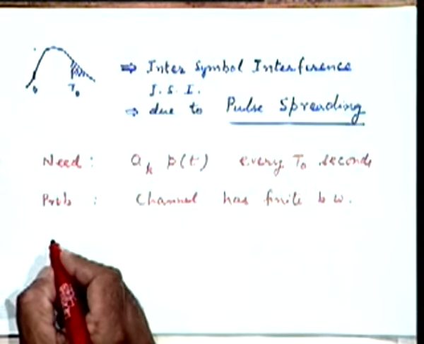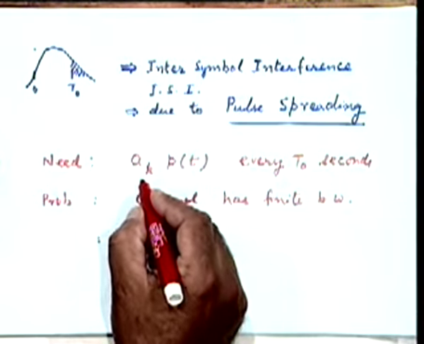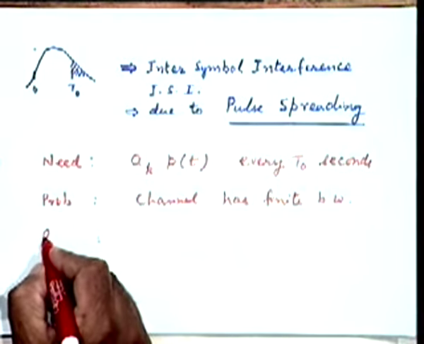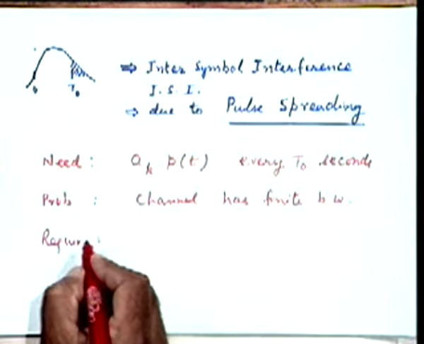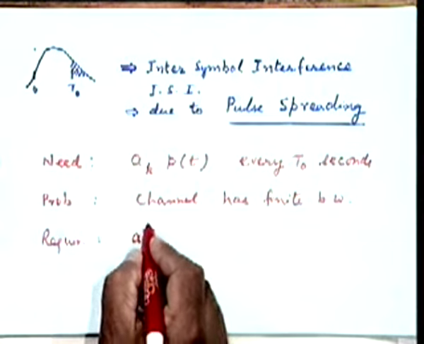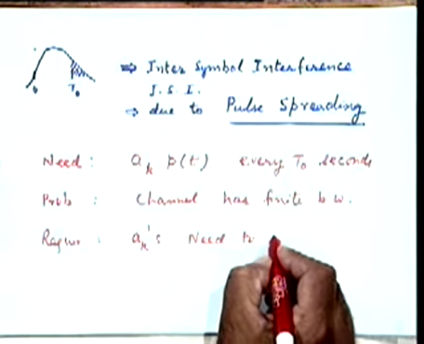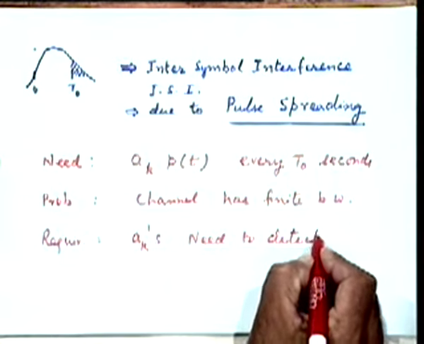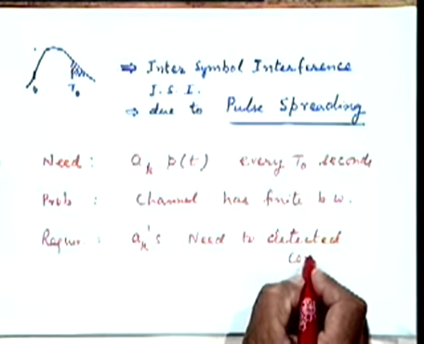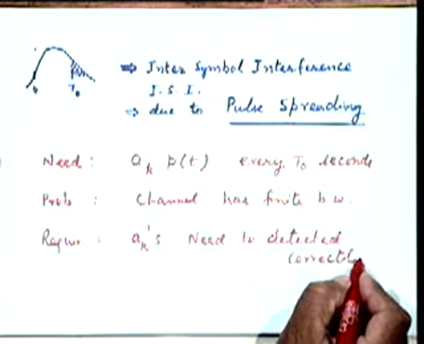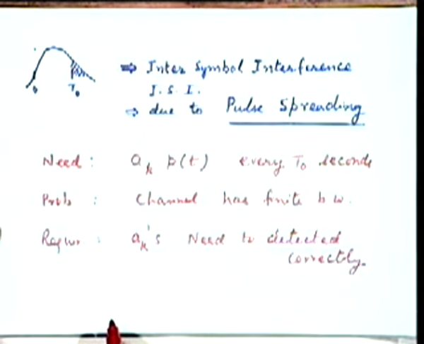Our requirement is that we should be able to determine AKs correctly. AKs need to be detected correctly. Right?